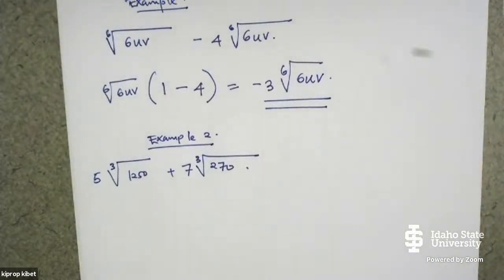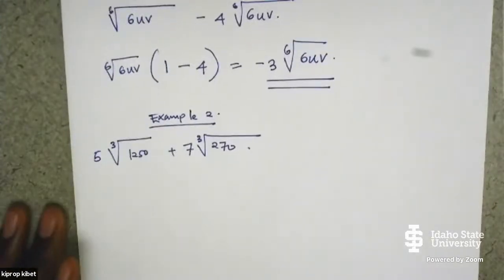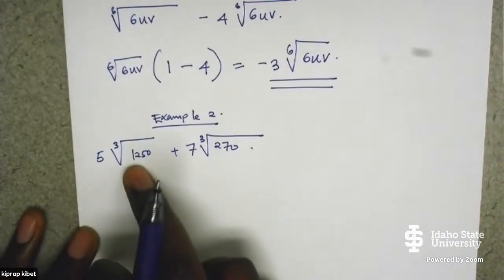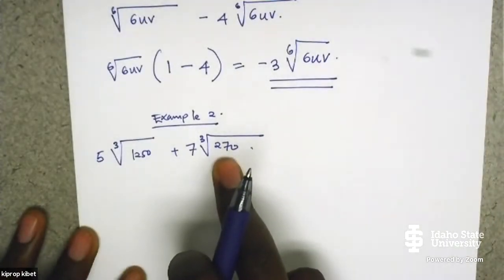So how would you add that? Now, since the radicals are not the same, you need to simplify until you get radicals which are alike. So you need to simplify 1250 and 270.